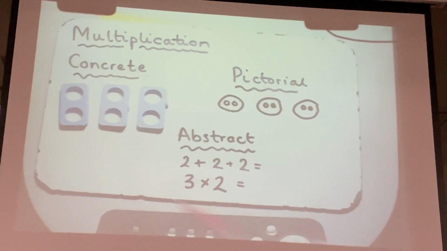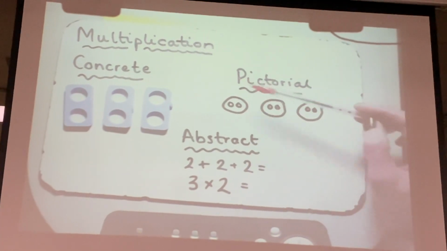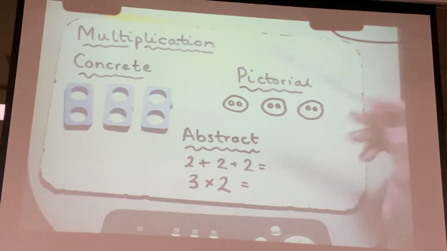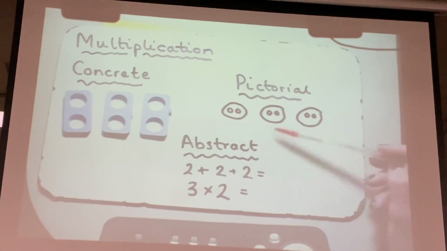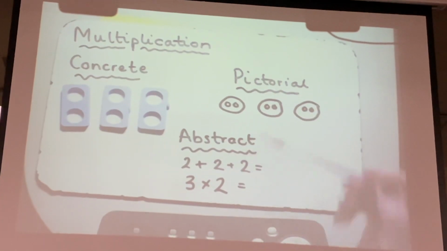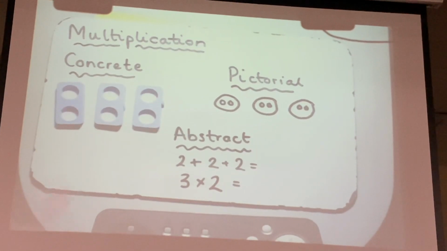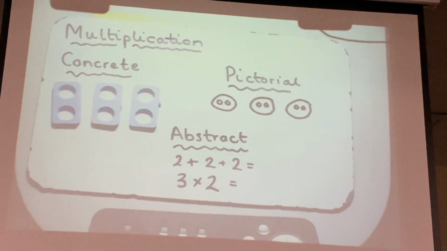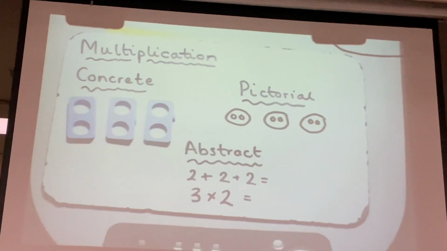Eventually, when we would come on to the abstract, pictorially the children can draw groups of whatever number they're counting on in. So in this case they're counting on in 2, so they'll have 2 in each of the little groups, but equally they could have 5 or 10. And then counting on, counting back, and this would be leading on to their times tables, so that they're able to count in 2s, 5s and 10s.